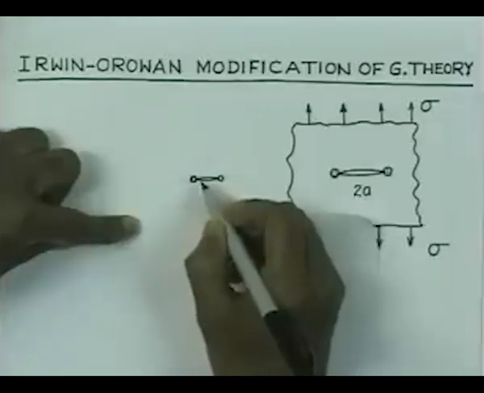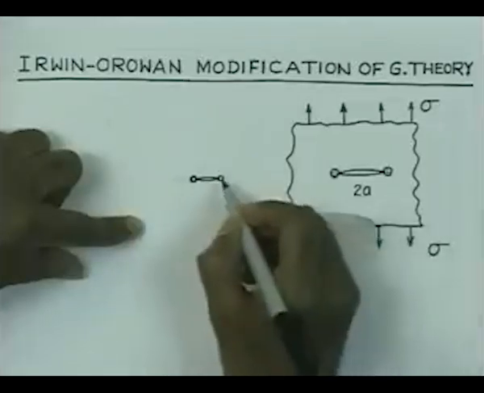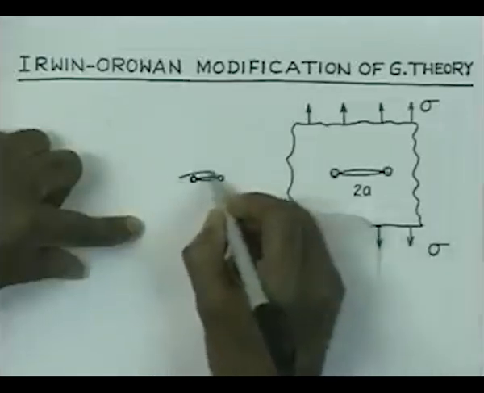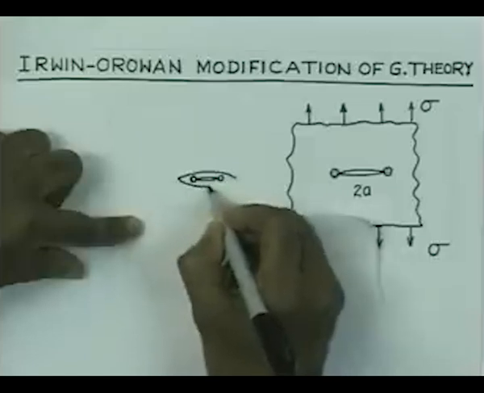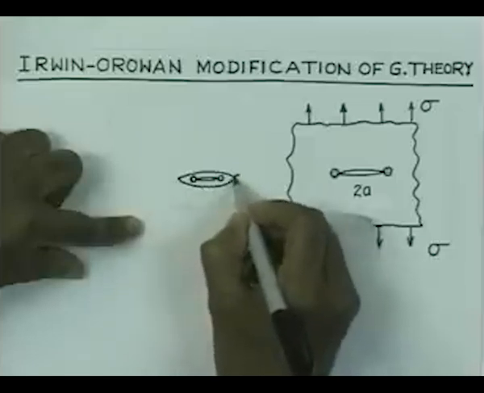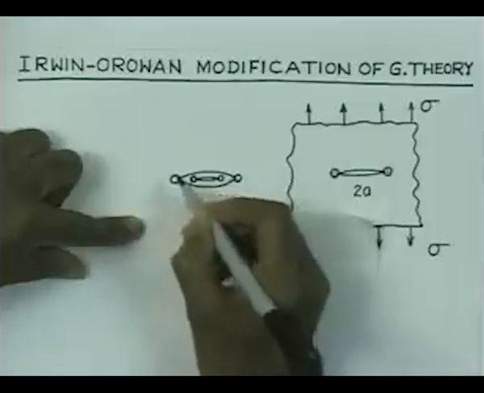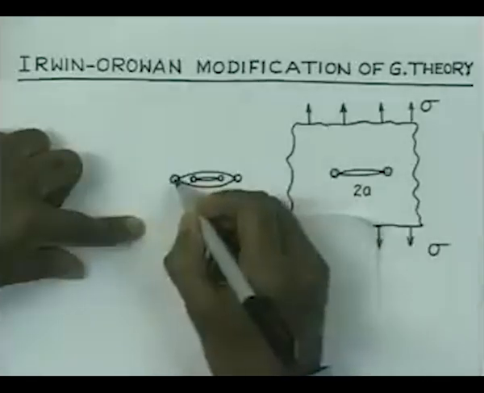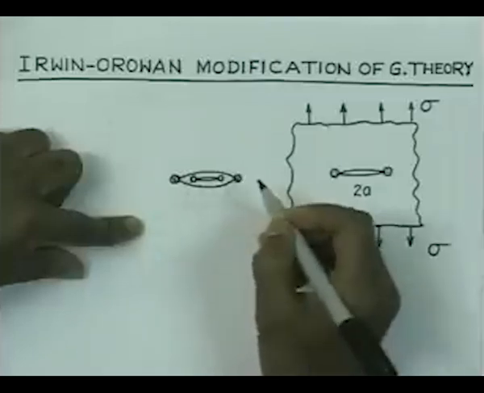So, this process has occurred at every stage of the crack extension, and once the crack has become larger like this, further extension can take place after the plastic deformation has occurred at the crack tip. So, this process continued starting from very small crack length.